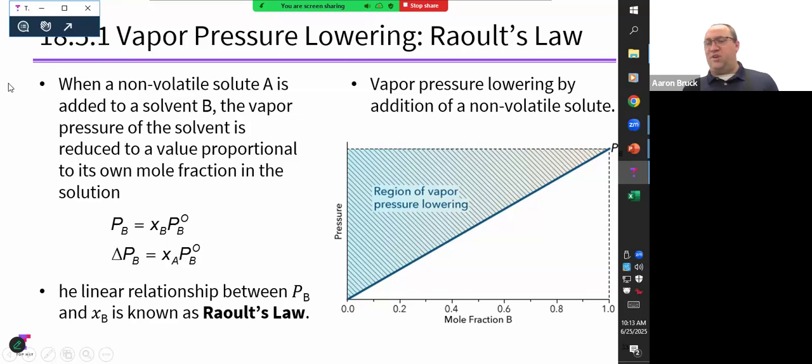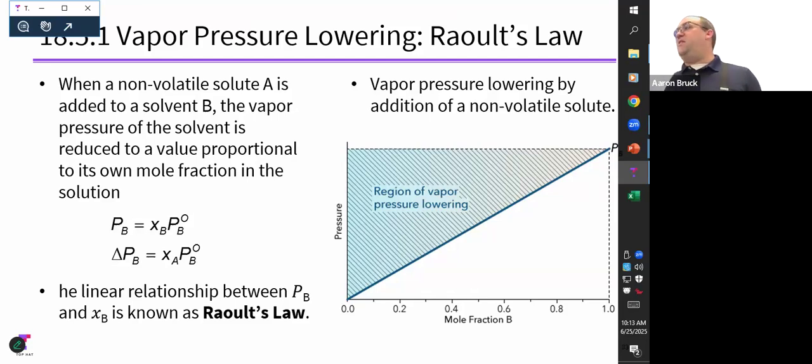Now, we talked about vapor pressure in Chem 1. So remember, vapor pressure is the natural tendency of a liquid to evaporate. And when a liquid evaporates, if we were to cap that evaporated liquid and measure the pressure of it, that would be its vapor pressure.